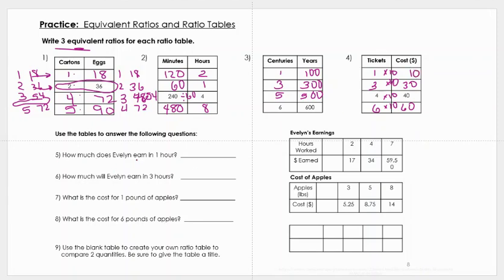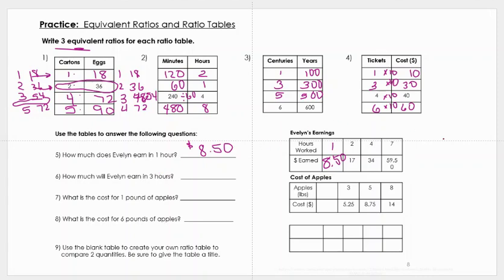All right, number 5, how much does Evelyn earn in 1 hour? So here is her chart. If you watched our other intro video, I believe I used the same example. So for 1 hour, she earns $8.50, and we can find that by doing 17 divided by 2, or 34 divided by 4, or 59.50 divided by 7. Any of those will tell us that for 1 hour, she earned $8.50. How much will she then earn in 3 hours?